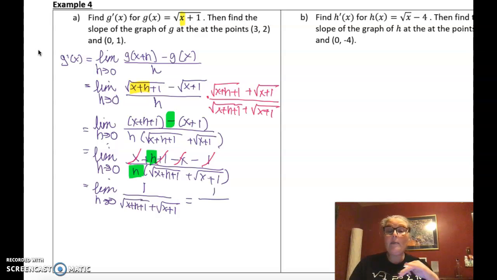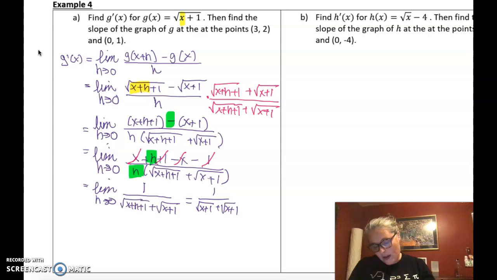And by the way, once I've taken the limit, do not write the limit anymore. I'm seeing that people are not writing the limit in front until the end, or they write limits once they've taken it. And you can't do that either. So we get the square root of x plus 1 plus the square root of x plus 1. But those are like terms.